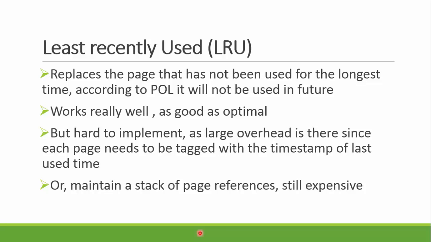We need to tag every page with a timestamp of when it was last used. So we need to maintain this data for every page, and there will be a large overhead. Another alternative to maintaining a timestamp is to use a stack of references, but storing a stack is still very expensive.